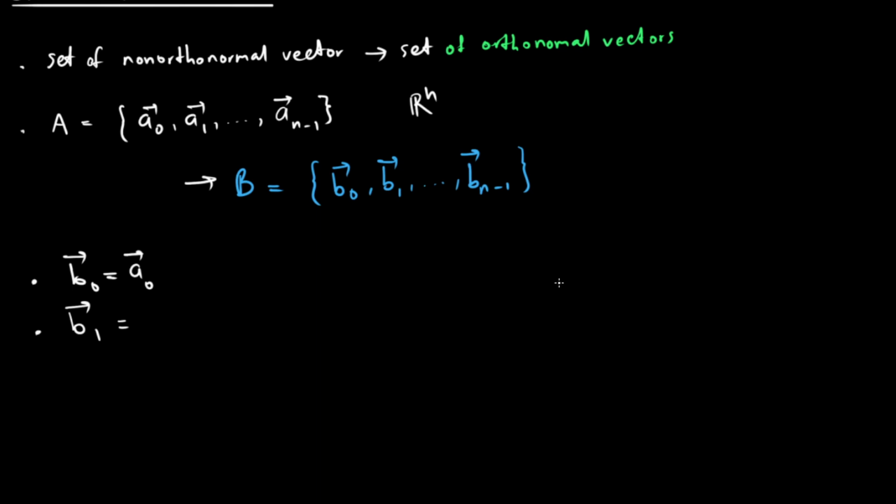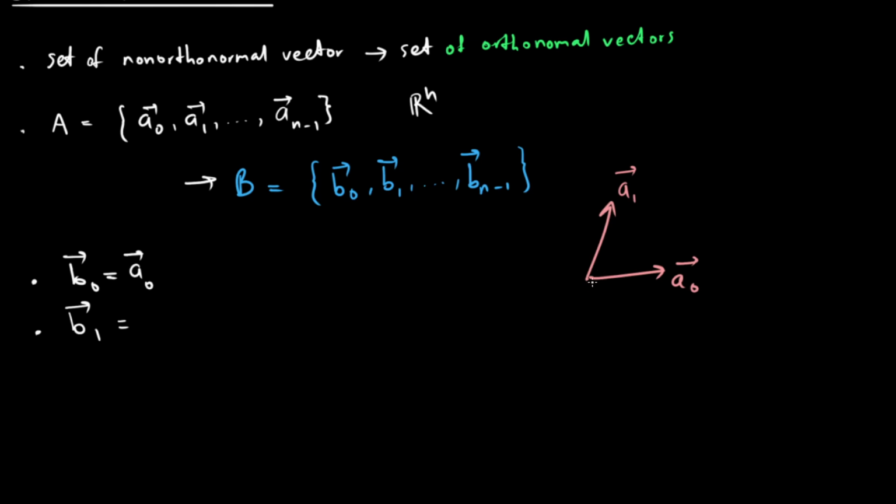Suppose we have vector A0 right here and vector A1 right here. These two vectors are not orthogonal to each other. They are not perpendicular. We want another vector that is perpendicular to A0 but has a direction similar to A1, like for example this.